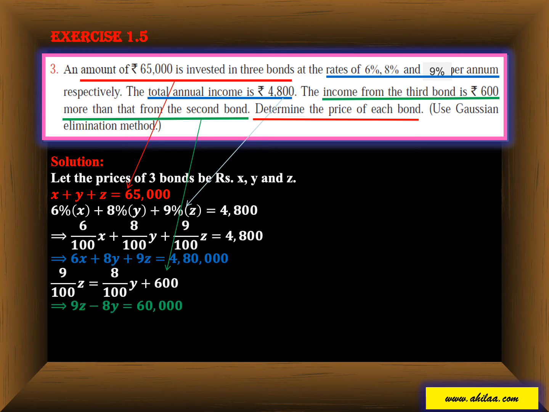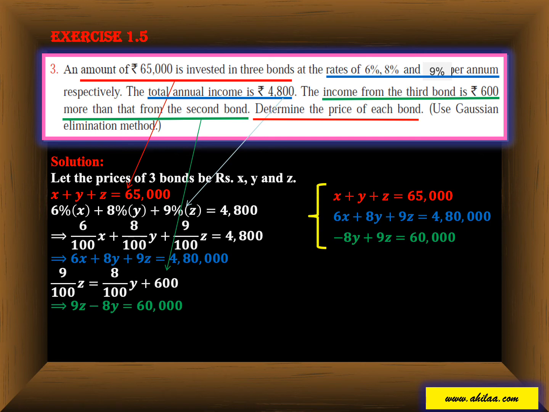Taking LCM and simplifying, the equation is 9Z minus 8Y equal to 60,000. So our equations are: first equation x plus y plus z equal to 65,000. Second equation 6x plus 8y plus 9z equal to 4,80,000. Third equation minus 8y plus 9z equal to 60,000.